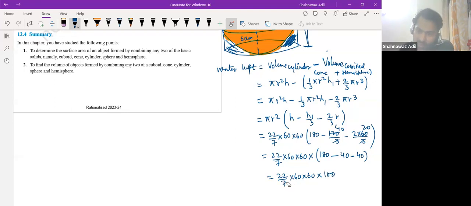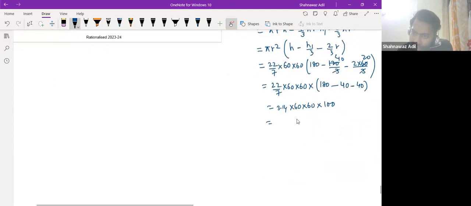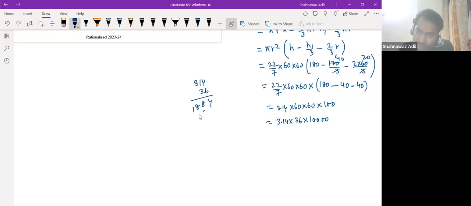So let us take this as 3.14, right? So this thing we can multiply by hand, right? 3.14 into 36 into 10000. So this is how much? 11304 and point into 100.